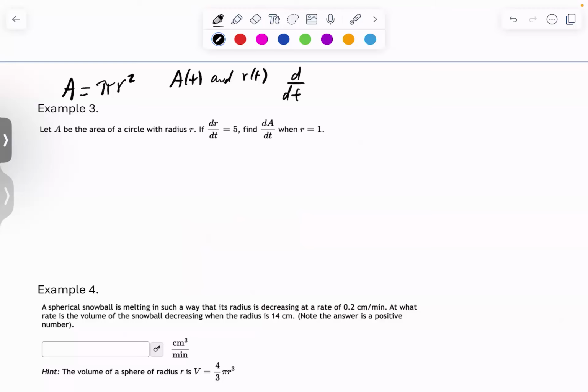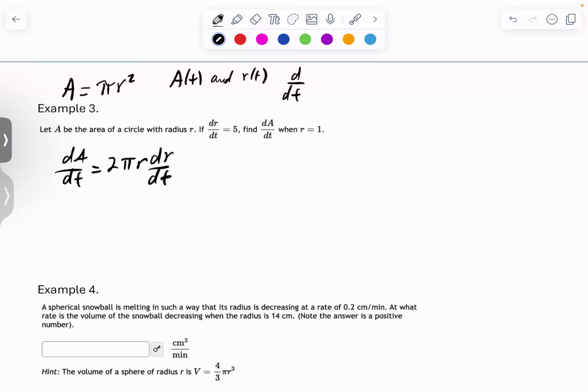So we're not taking the derivative of A with respect to r. It's going to be A with respect to t and r with respect to t. So dA over dt is going to equal 2 pi r dr over dt.